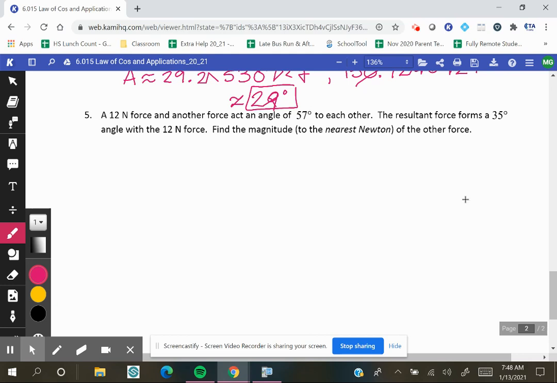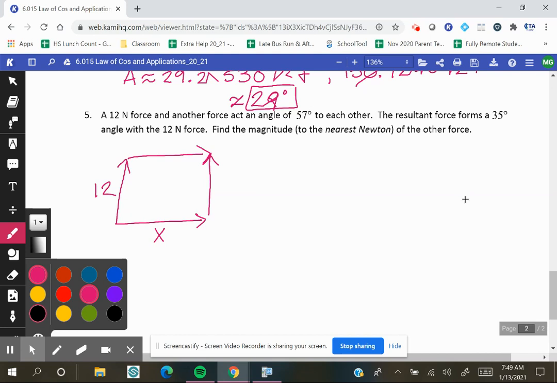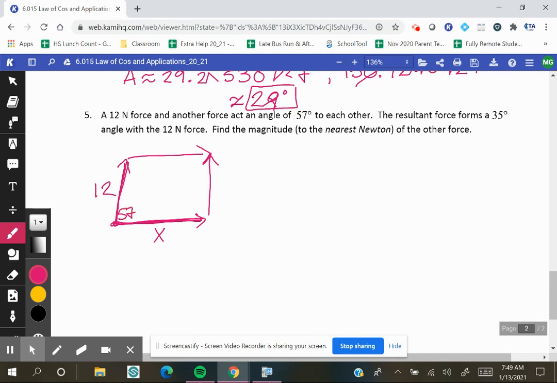All right, so I see forces, so I'm going to draw my parallelogram. So I've got 12 newtons and another force. So let's call that other force X. Act at an angle of 57 degrees to each other. So these two forces right here, the 12 and the X, form this angle. So that's going to be your 57 degree angle.